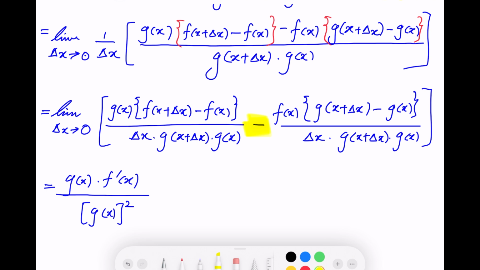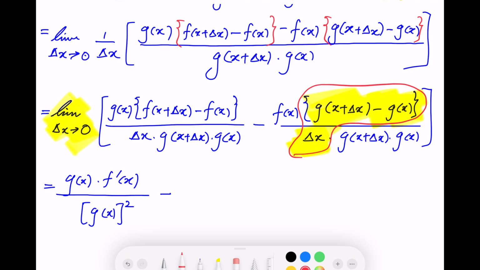Then I have this negative symbol, minus. Once again, I need to focus on the limit as delta x approaches 0 and this highlighted part from top and bottom, g of x plus delta x minus g of x, all of that divided by delta x. That part, as delta x approaches 0, should be equal to the first derivative of g of x as per the definition of the first principles.